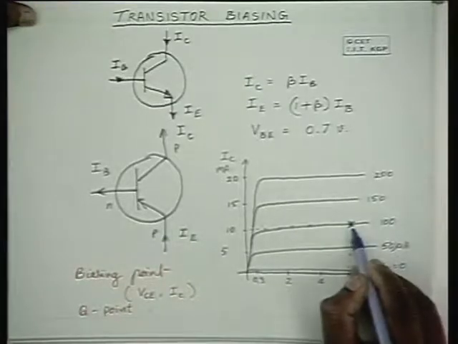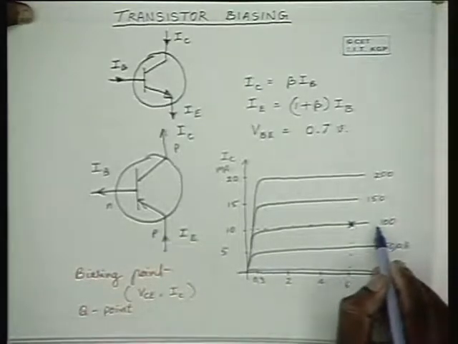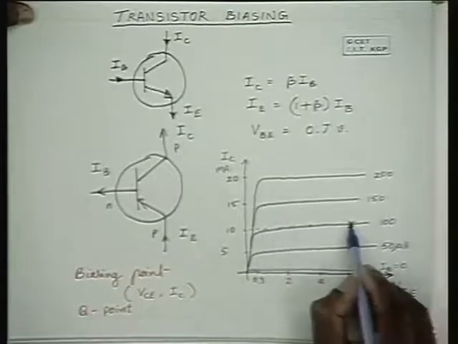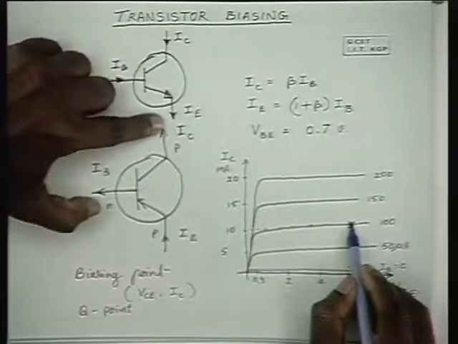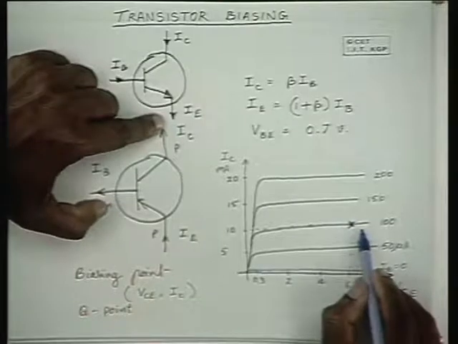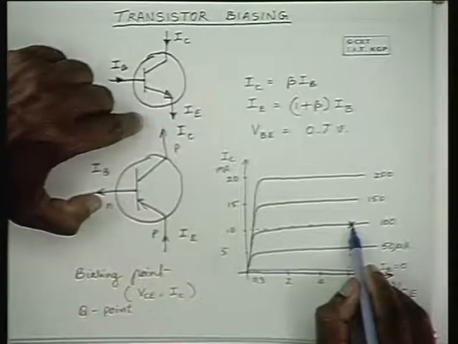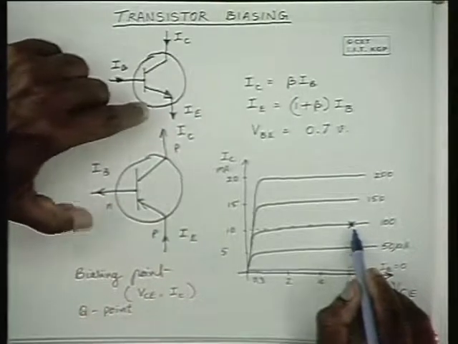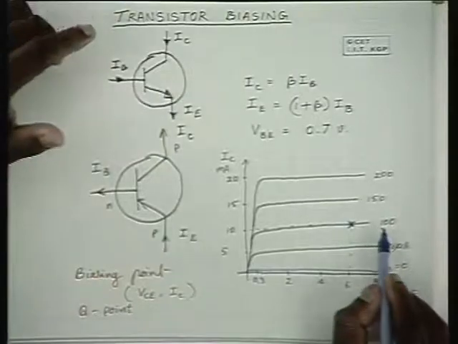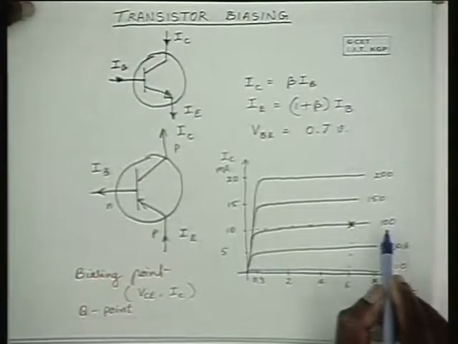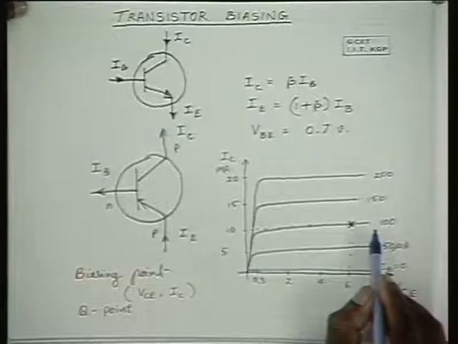Now here the base current is 100 microamperes. Quiescent base current is 100 microamperes. Now if you incorporate a signal in the base to emitter junction, and as a result the base current has an AC swing whose peak value is more than 100 microamperes, then what happens?